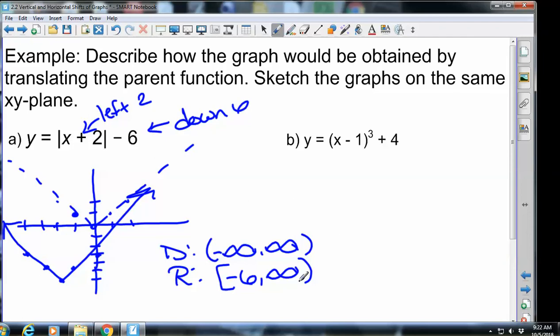Alright. Okay, last example. So what's my parent function this time?